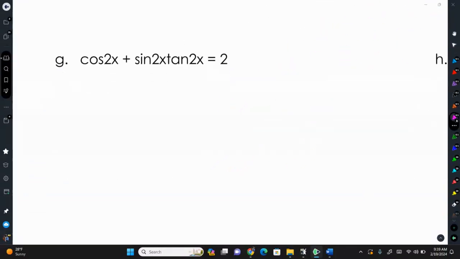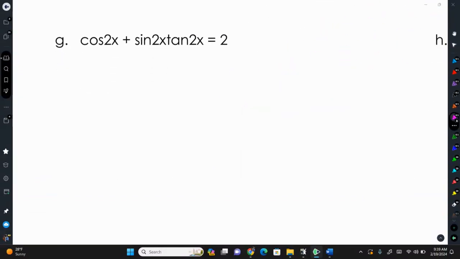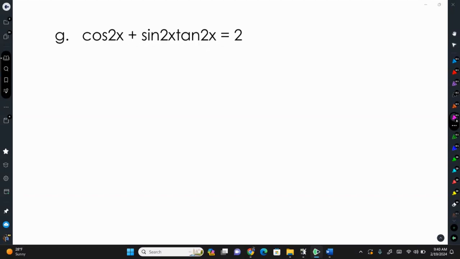And then letter G. Letter G, you notice we have 3 different trig functions: cosine, sine, and tangent. So let's start by first changing the tangent to sine over cosine, because then we're just dealing with 2 trig functions.